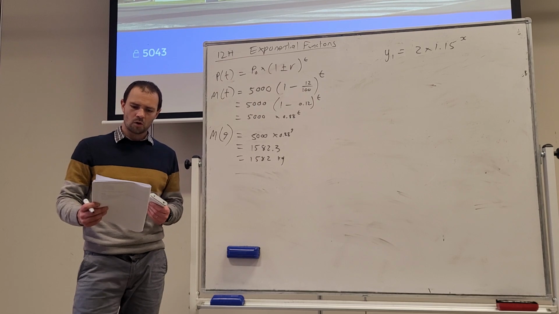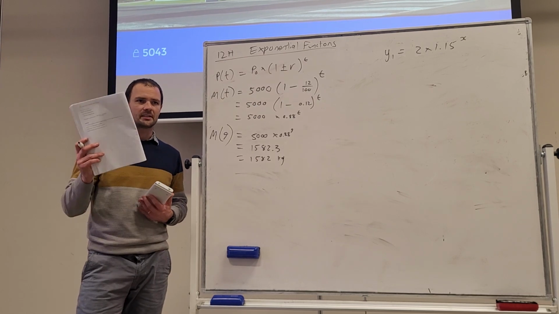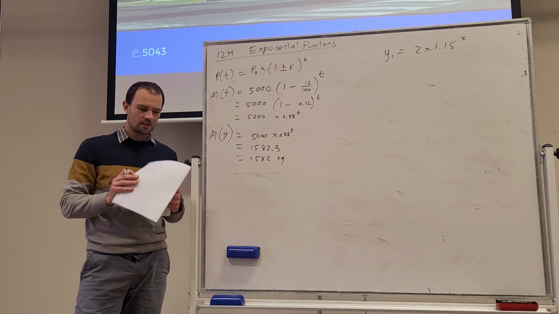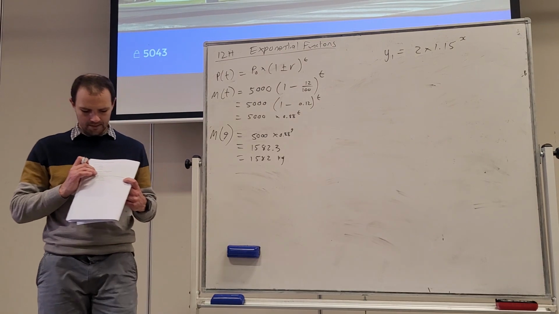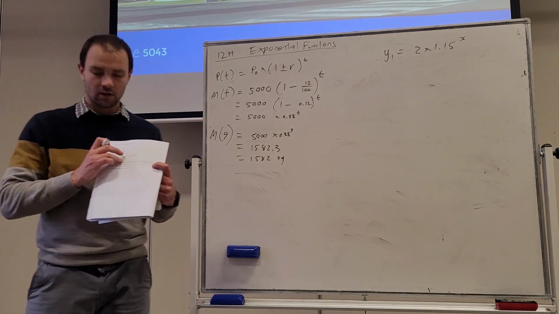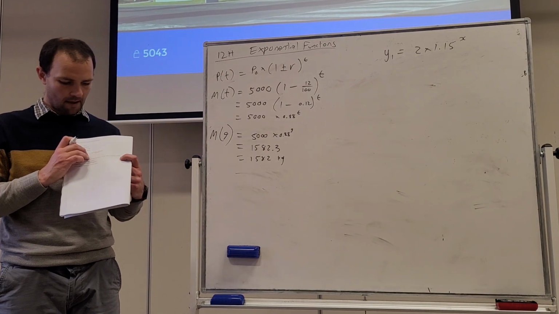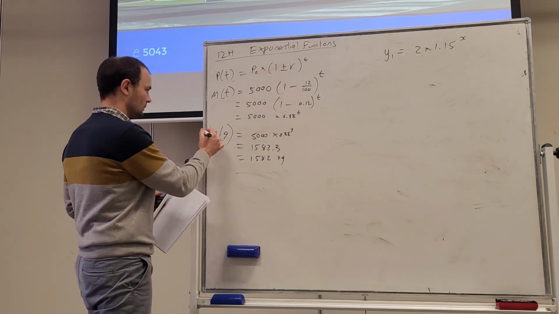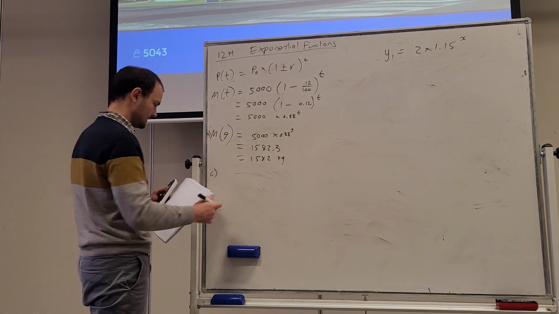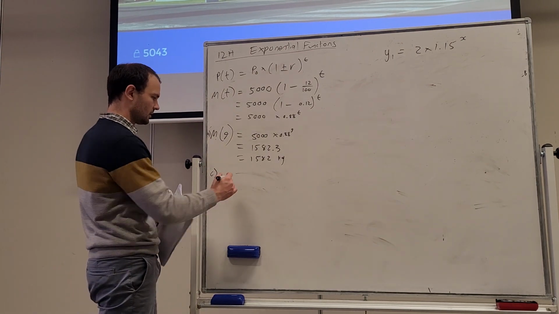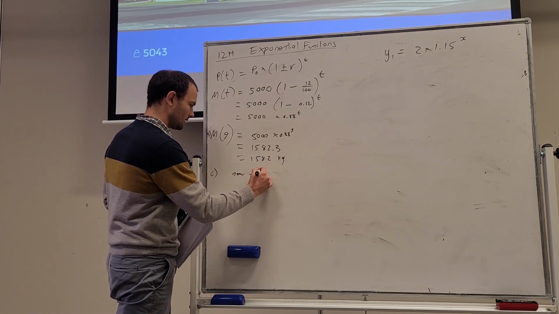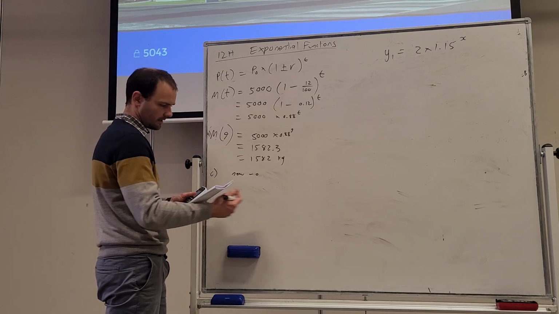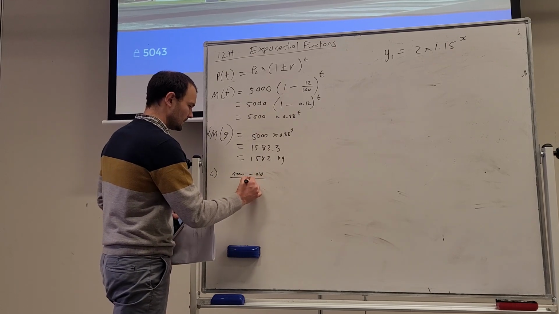Okay, what is the percentage decrease after 9 years? So we've got a formula there for calculating percentage increase or decrease. New amount, take old amount, divided by old amount. Okay, so that was part B. Here we're on to part C. Percentage decrease: new, take old, divided by old.